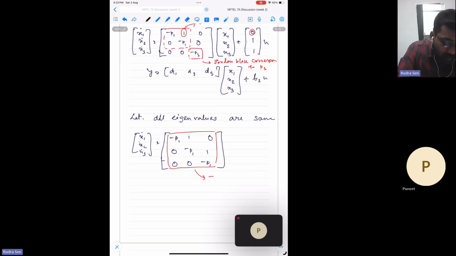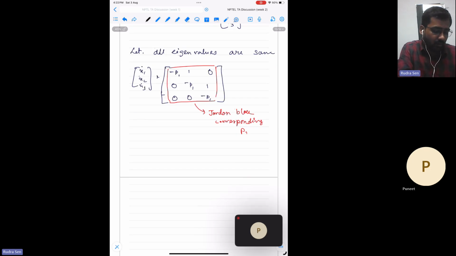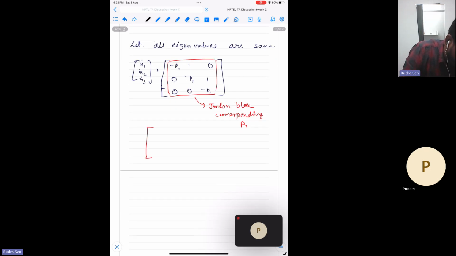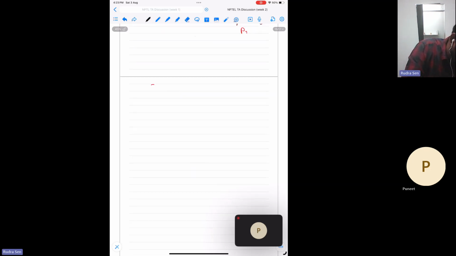So here is the Jordan block corresponding to p1. Basically you will get the structure of a system matrix J1, J2, J3, and so on, and let's say there are n eigenvalues, so Jn.